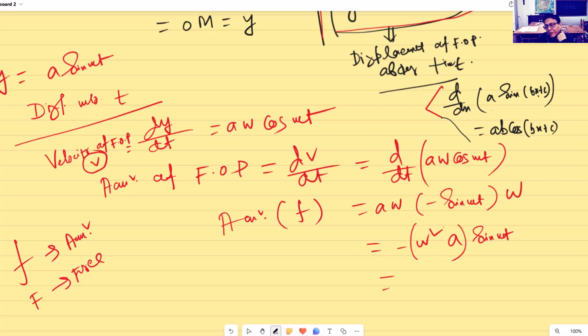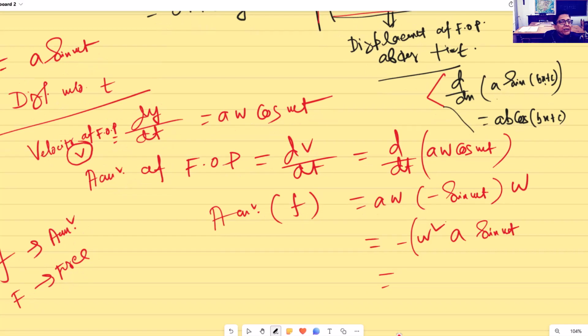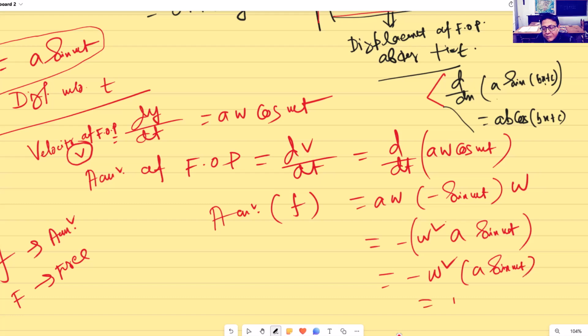What do you observe here? Minus omega square A sine omega t. The equation we started with was y equal to A sine omega t. Now we got it back here. It is becoming minus omega square into y.